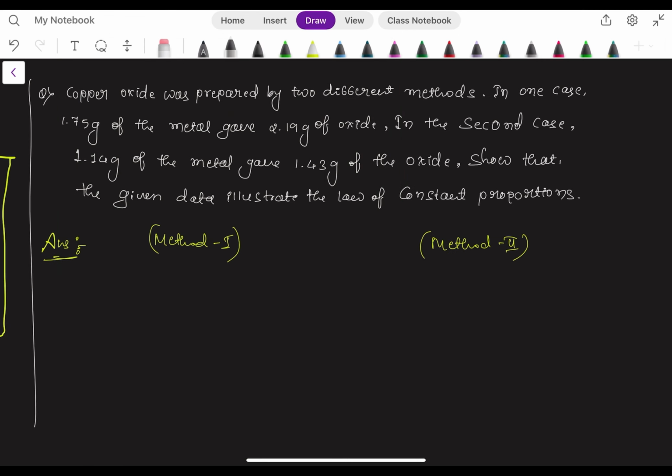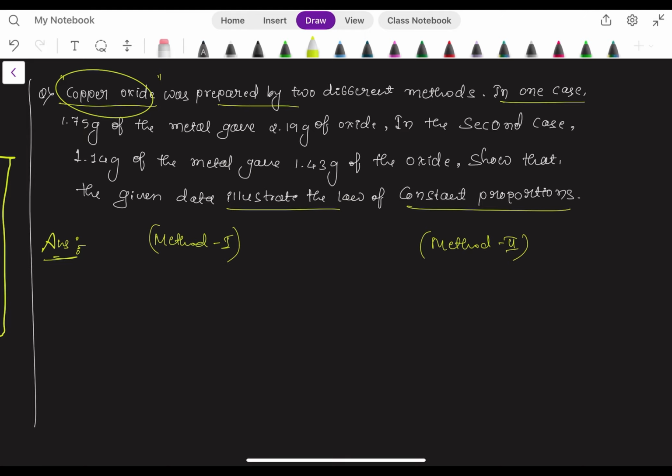We'll discuss the next question related to the law of constant proportion. Here we need to show that the formation of a molecule always has a fixed value. There are two cases mentioned with respect to copper oxide. Copper oxide was prepared by two methods.